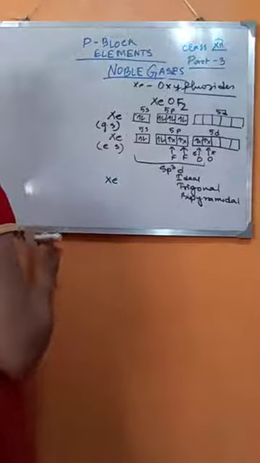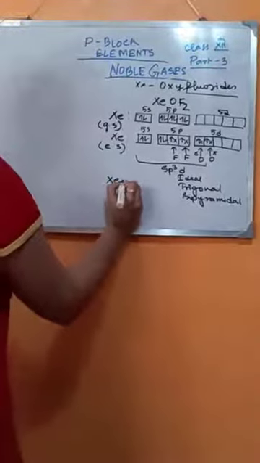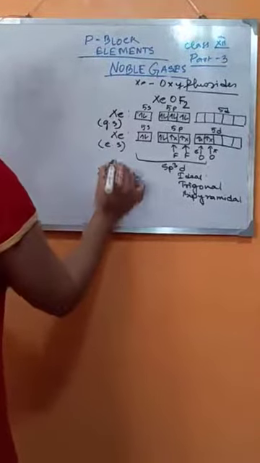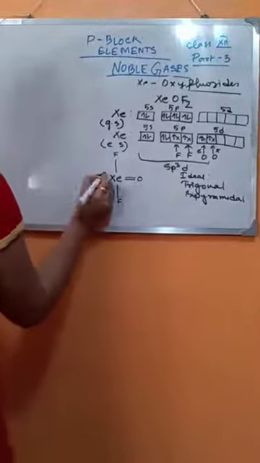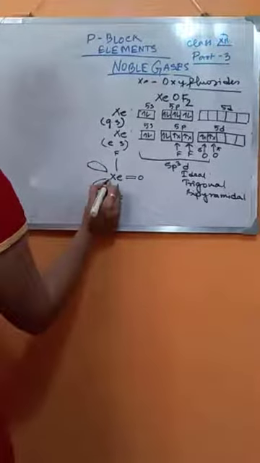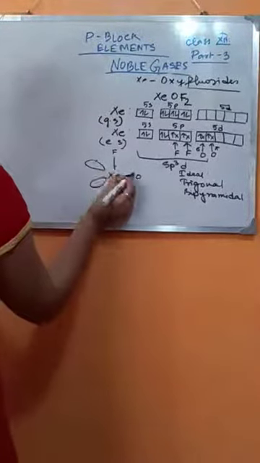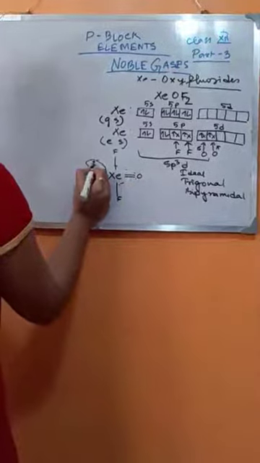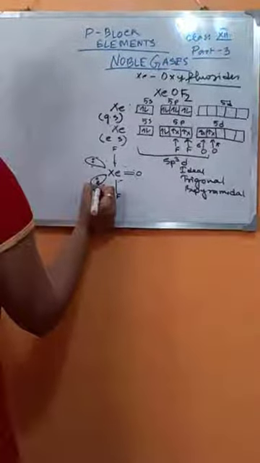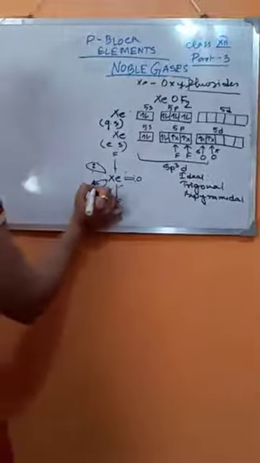Let's see the structure, then I'll come to the actual geometry. See, there are 2 lone pairs of electrons.